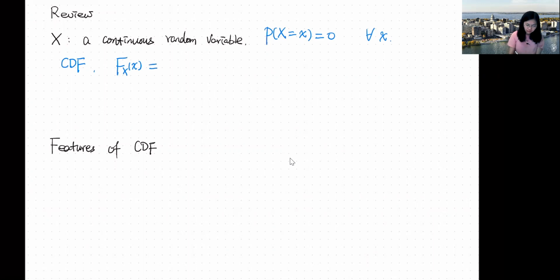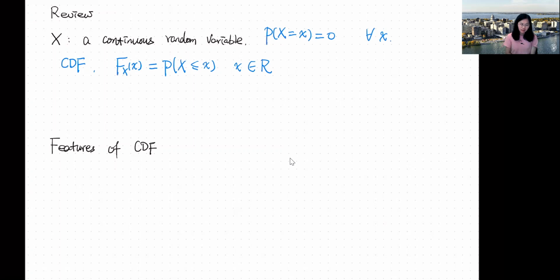The CDF is defined to be the probability that x is less than or equal to little x, where little x is a value in the real line. The cumulative distribution function can describe the whole distribution of the continuous random variable.